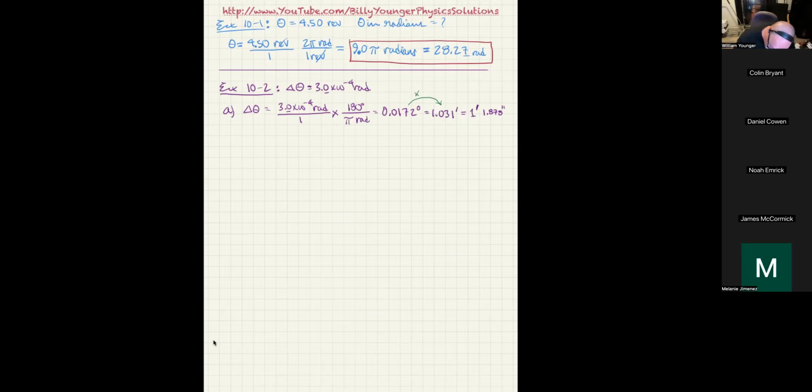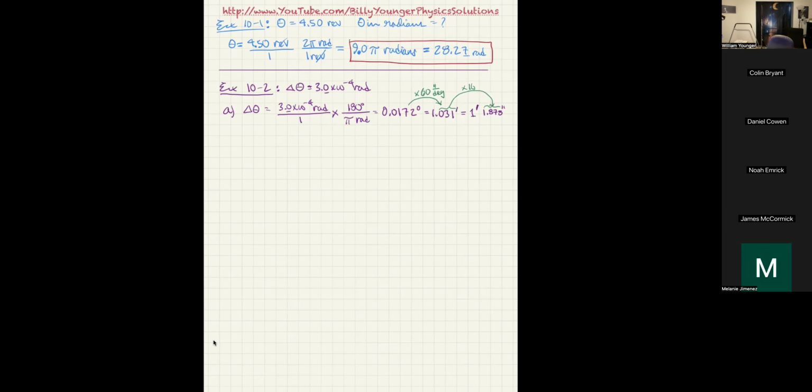So this is times 60, and that's times 60, and that's 60 arc minutes per degree. And then this part gives this one, and this is times 60, and that was supposed to be a single mark up there.